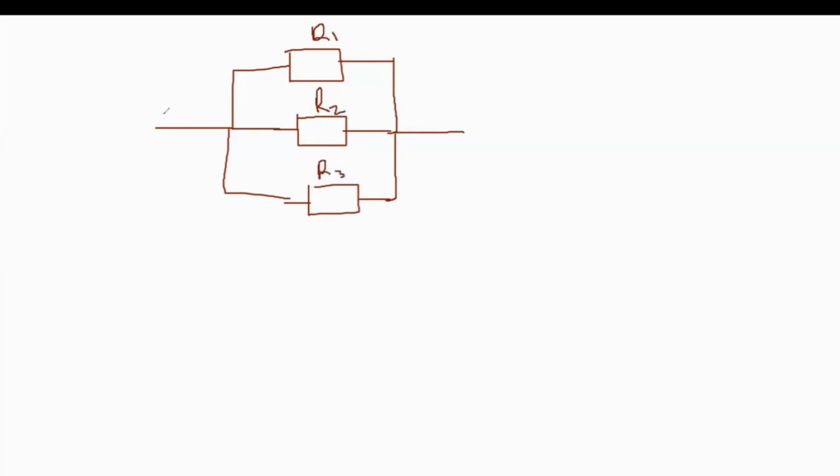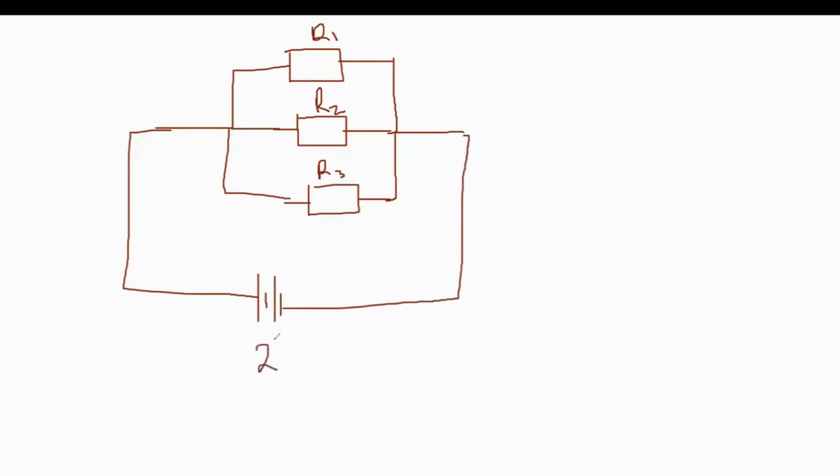Now let me consider that I'm connecting an external battery, as usual, to this combination of parallel circuits. Let me imagine that this is a 20-volt battery. So now this 20 volt is being provided to all the resistors in parallel, that is R1, R2, and R3.